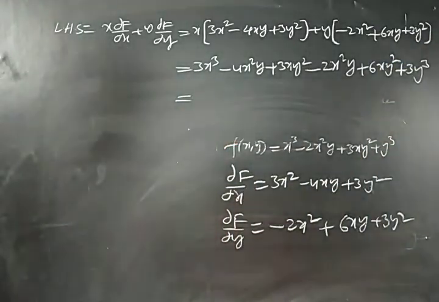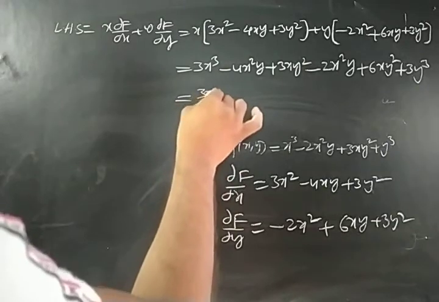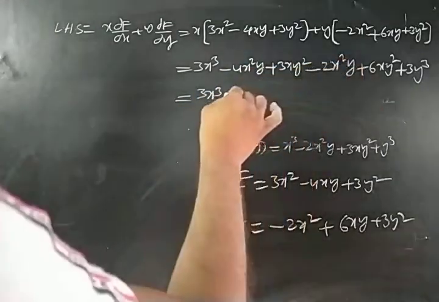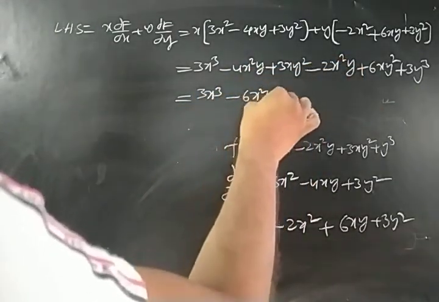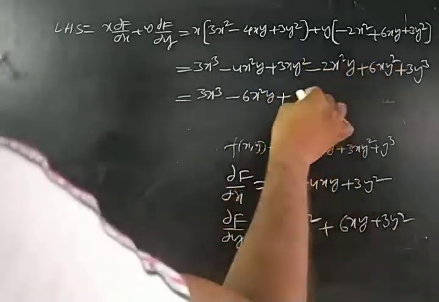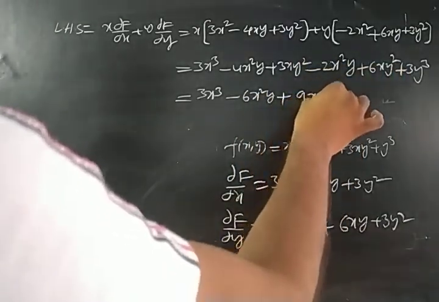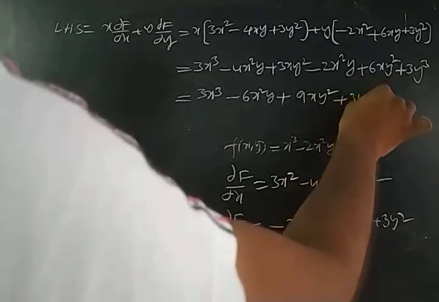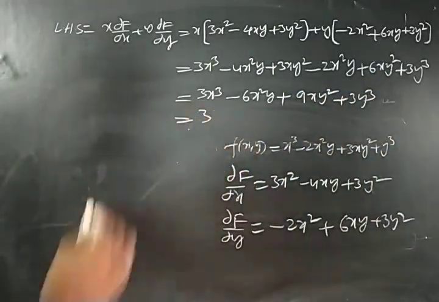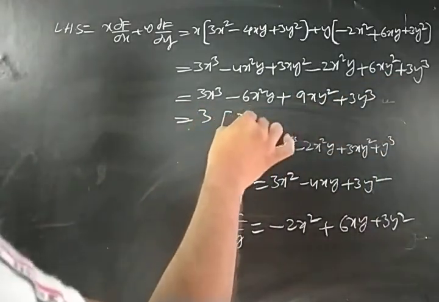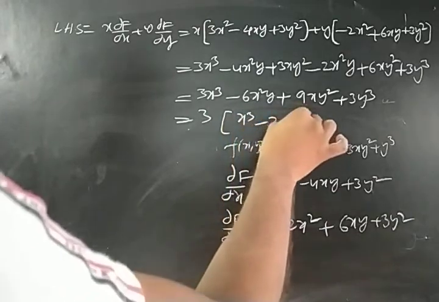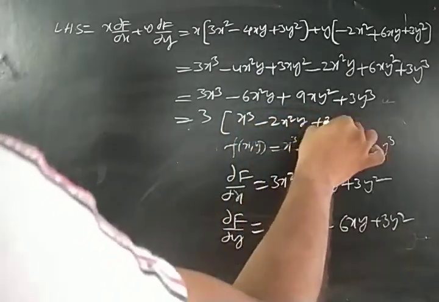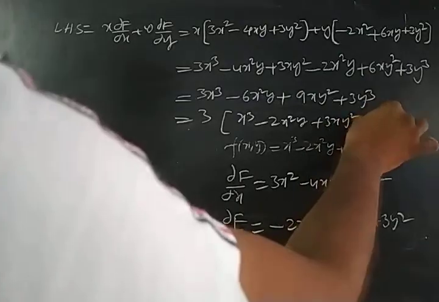By simplifying, 3x cube minus 6x square y plus 9xy square plus 3y cube. By taking 3 common, you will get x cube minus 2x square y plus 3xy square plus y cube.